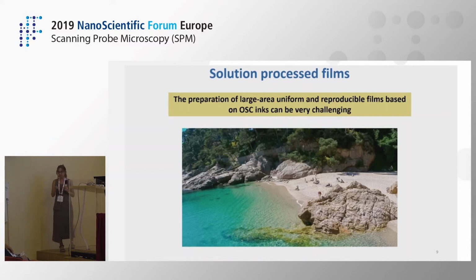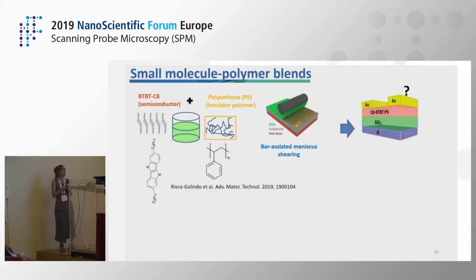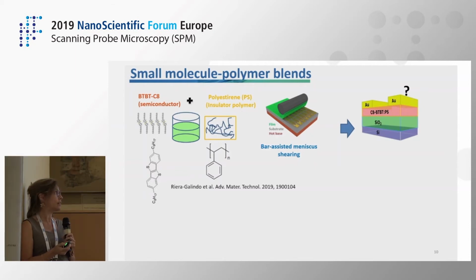So in the last years, a surprising strategy was proposed to overcome these problems. And this strategy consists in mixing in the solution an organic semiconductor with an insulating polymer, most commonly polystyrene, to have the advantage of the properties of both materials.